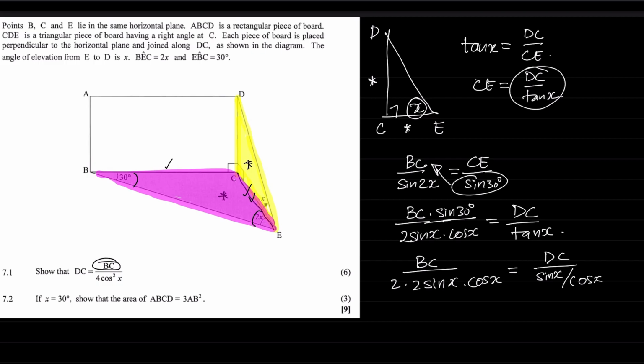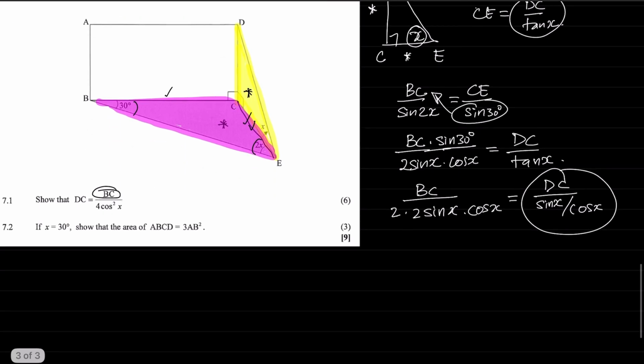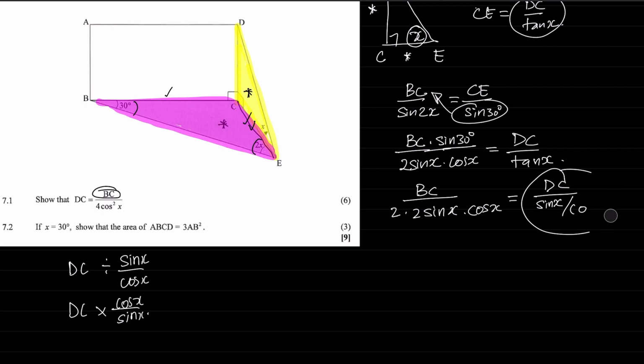Next, let's tidy it up a bit here. DC divided by sine x over cos x is the same as saying DC times cos x over sine x. Okay, so let's replace that. So DC times cos x divided by sine x.